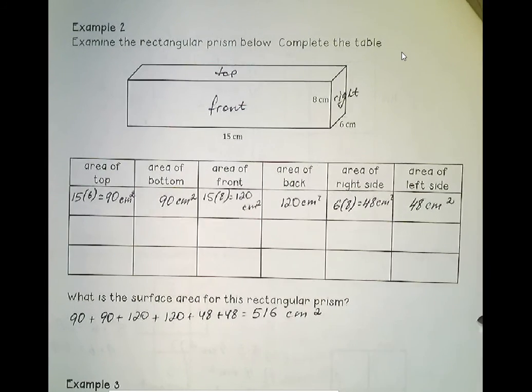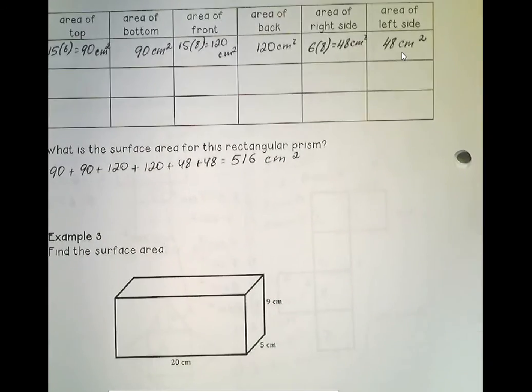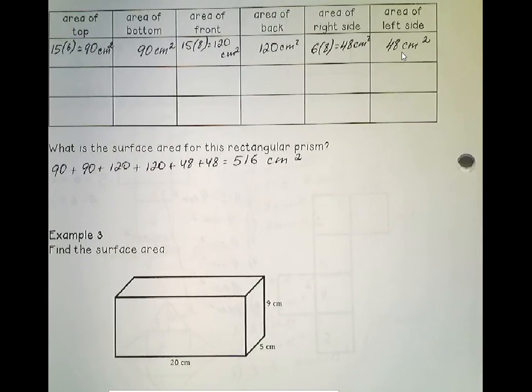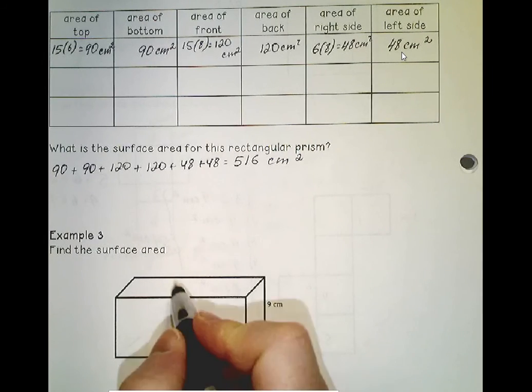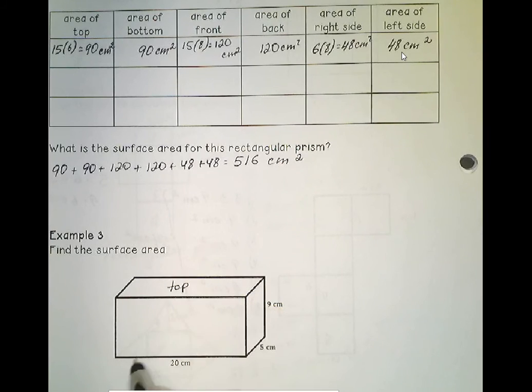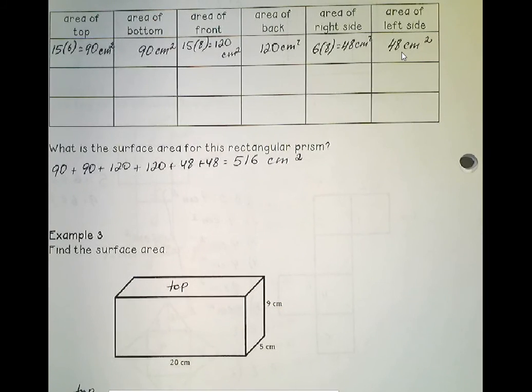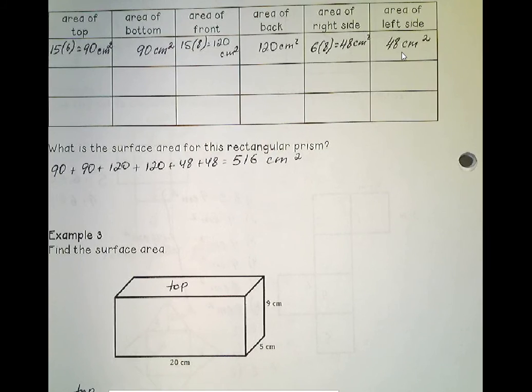Okay, I think you got the point here. Again, since those are prisms, they have 6 faces made out of rectangles. We have top, and the bottom, we have left and right, and we have front and back.